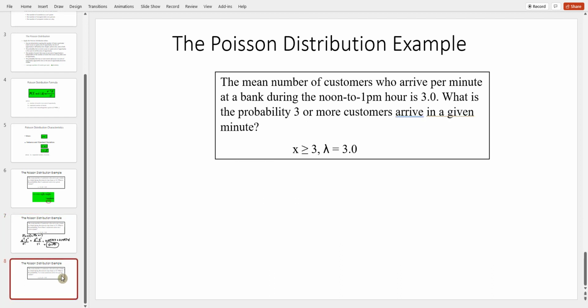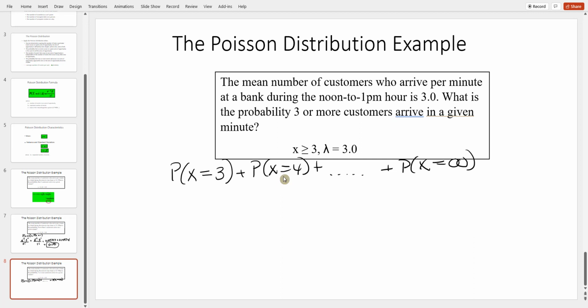What is the probability that 3 or more customers arrive in a given minute? Okay, so this is a little different. We want everything greater than or equal to 3. So we want the probability that x is equal to 3 plus the probability that x is equal to 4. But the thing is, this keeps going all the way out into infinity, and we surely cannot calculate this by hand.